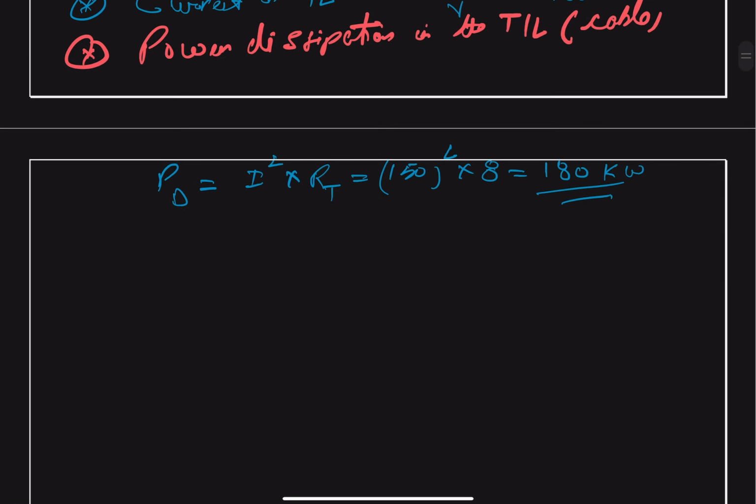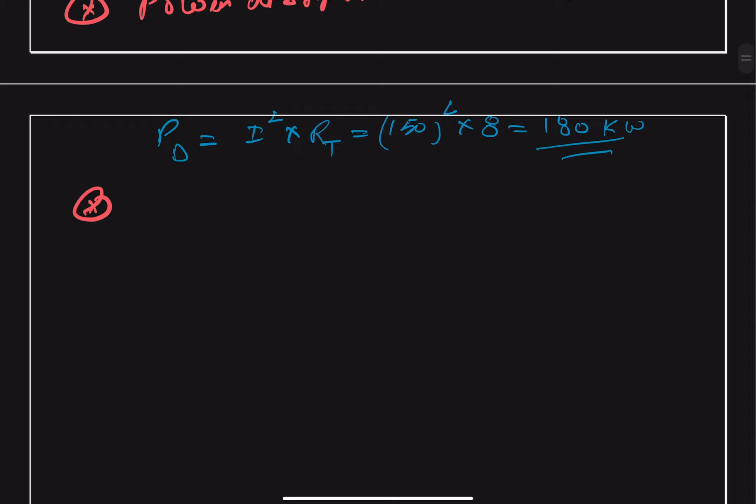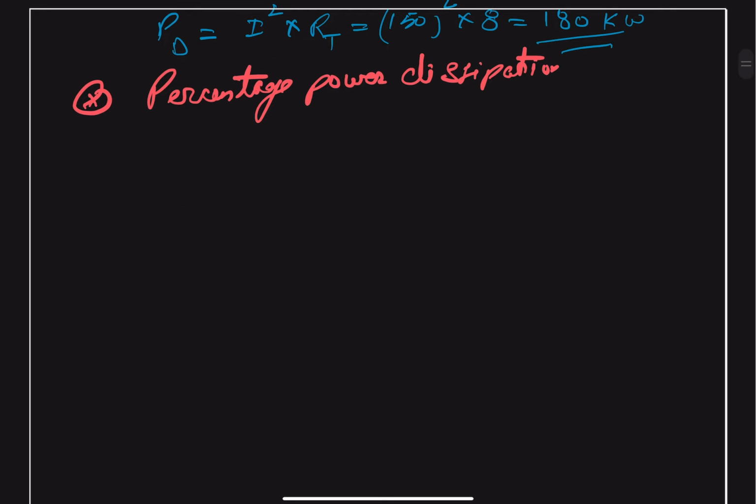So from here we can easily calculate the percentage power dissipation. We can write this as power dissipation in percentage equal to power dissipated divided by total power, multiplied by 100.